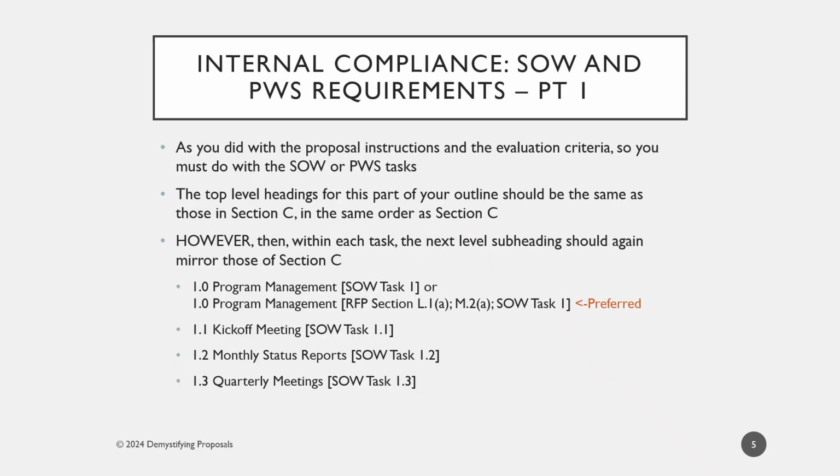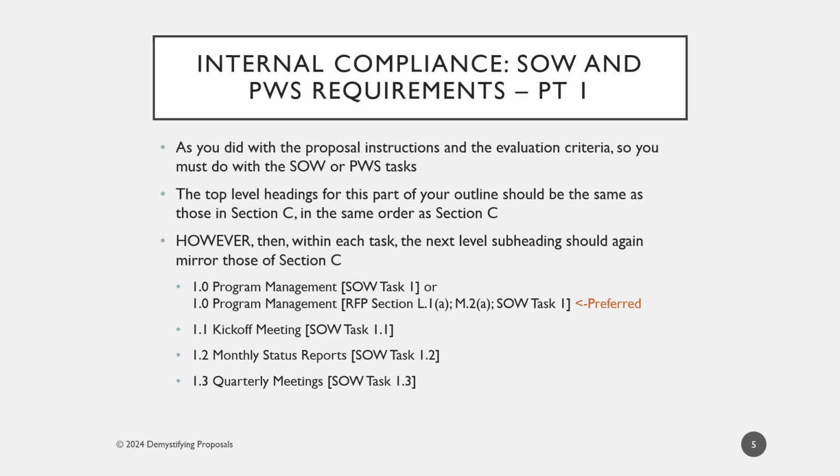Internal compliance can get really fun when it comes to the statement of work or the PWS requirements, because as you did with the proposal instructions and the evaluation criteria, you now must do with the statement of work and the PWS task, right? The top level headings in this part of your outline should be exactly the same as those in section C, in the same order as section C. Don't rearrange things.